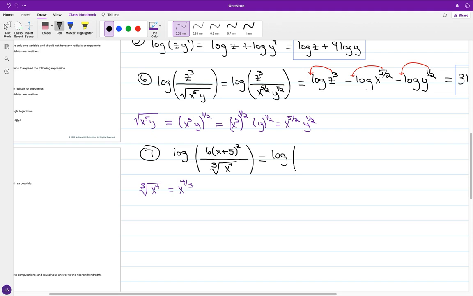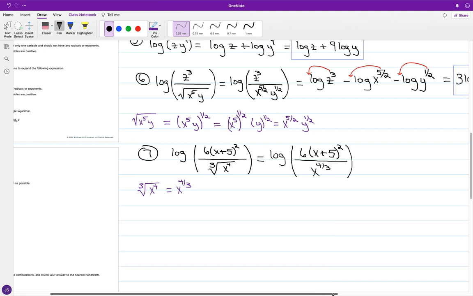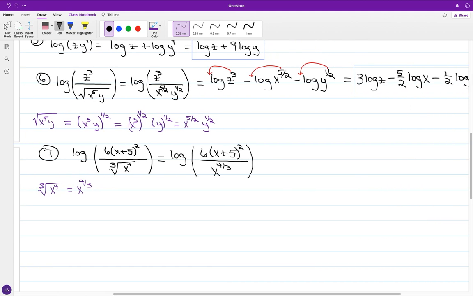So I got the base 10 logarithm of 6 times the quantity of x plus 5 raised to the 2nd, and it's going to be all over x to the 4/3. And looking at separating, I got 2 factors in the numerator.